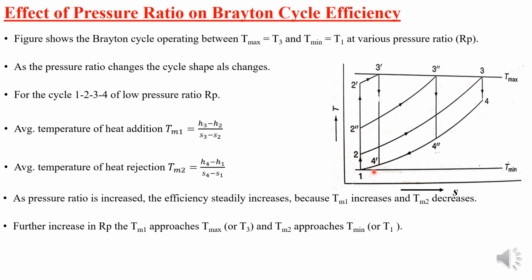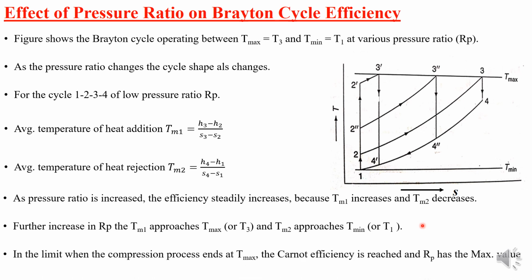Once you've done that, what will happen? It will reach its maximum value. Maximum efficiency is nothing but your Carnot efficiency. So once it reaches maximum and minimum temperature, your cycle has reached the Carnot cycle efficiency. That is the limit.